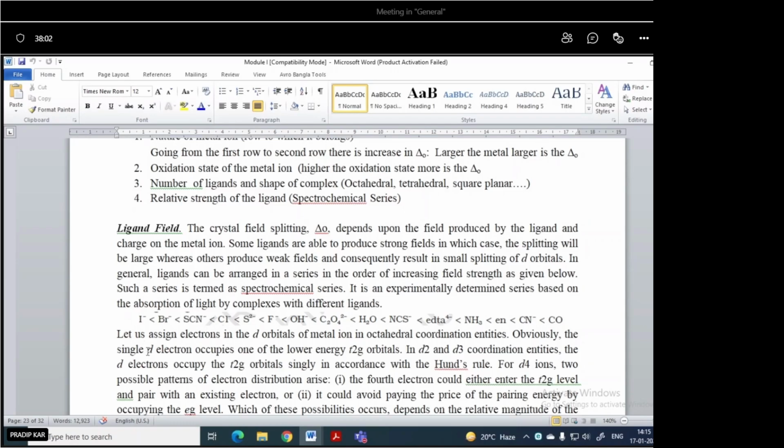That is, the strength of the ligand has been arranged depending on the spectrochemical series.